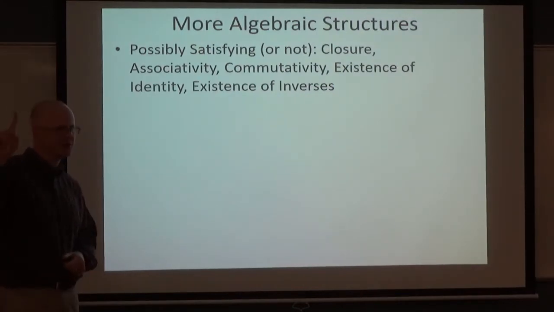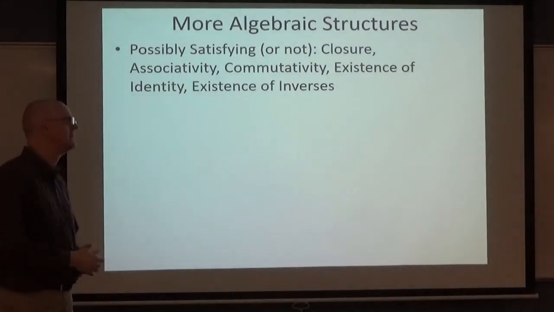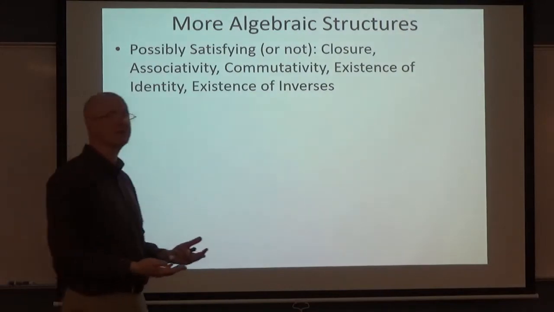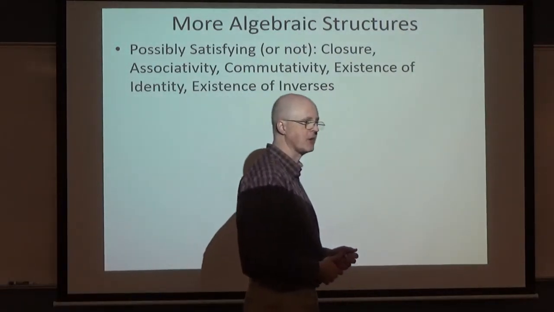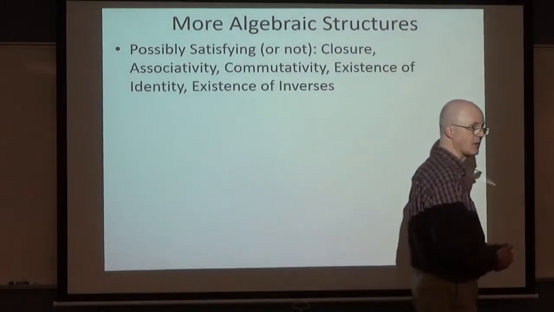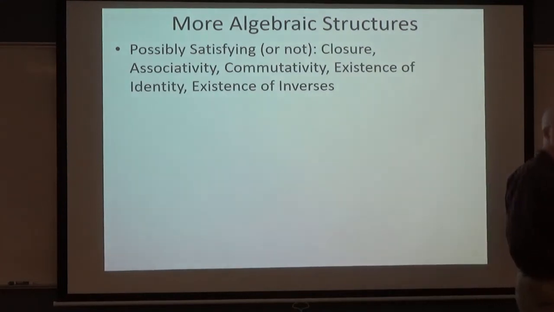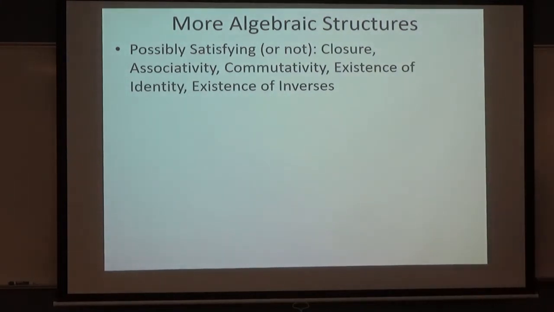But then we saw the integers. Did they form a group? Yep, they were our first example of a group. Briefly, we also mentioned that the rational numbers form a group, the real numbers form a group, and the complex numbers all form a group. They satisfy having a binary operation. Addition is what we focused on. You can focus on multiplication, but you do have to make some modifications if you do so.